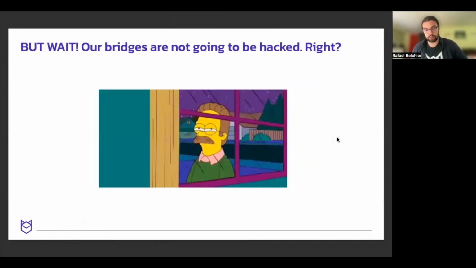So the problem here is that no matter how carefully you implement your bridge, no matter how tested your protocol is, your bridge or cross-chain application will eventually get hacked or exploited, at least in the initial phases of exploration where the technologies are not mature.